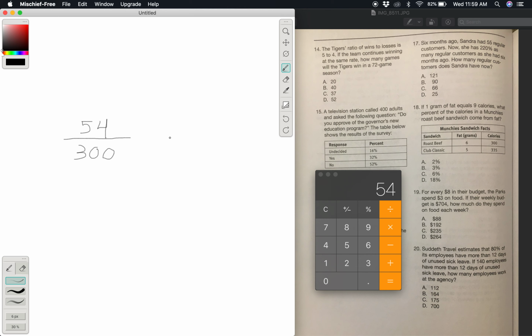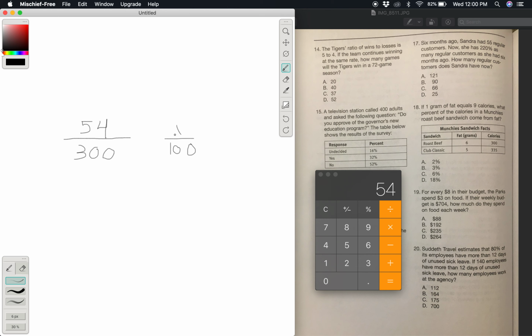Let me see, what's the question again? What percent of the calories in a Munchie's roast beef sandwich comes from fat? Okay, so we have the 100 here.